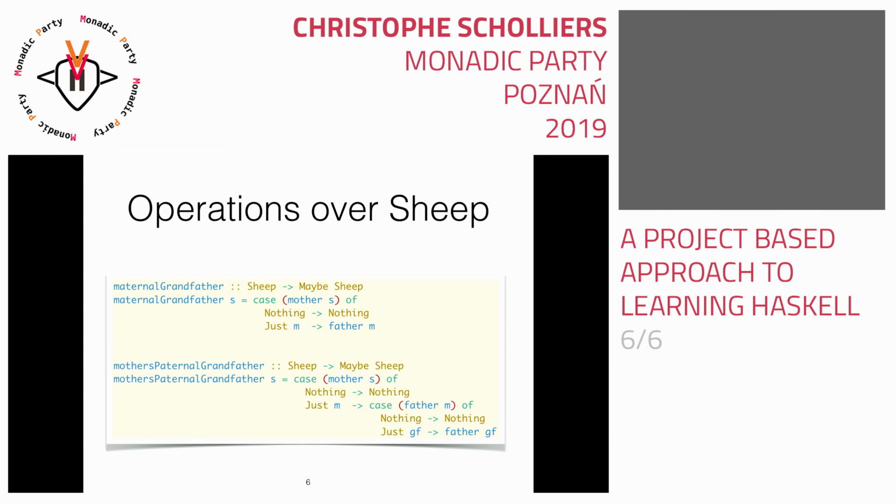I don't know about you guys, but this code doesn't look very nice, right? The reason is that we have this maybe type, and we always have to take into account this one annoying case when it's nothing. We always have to take into account that there might be no result, and then we need to do something else in case it's just something.